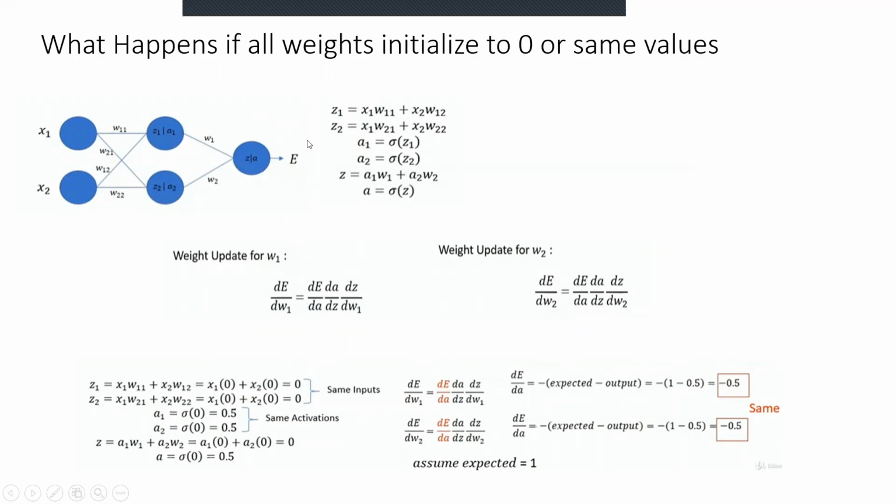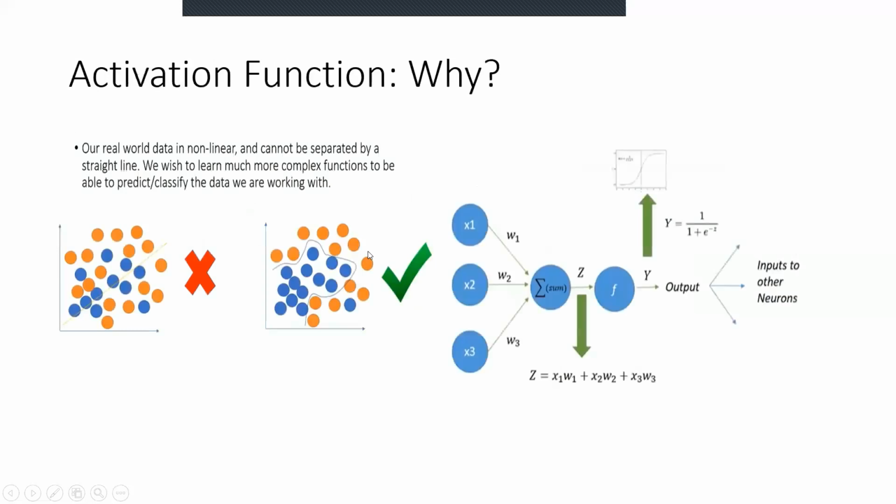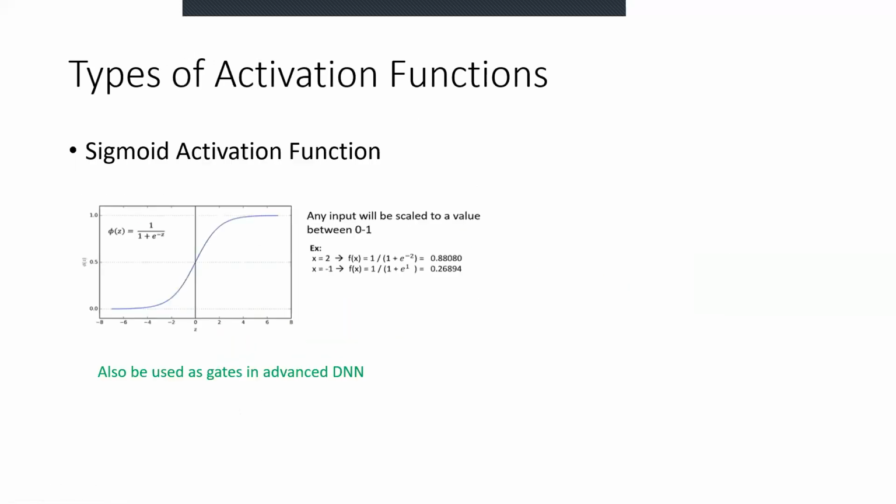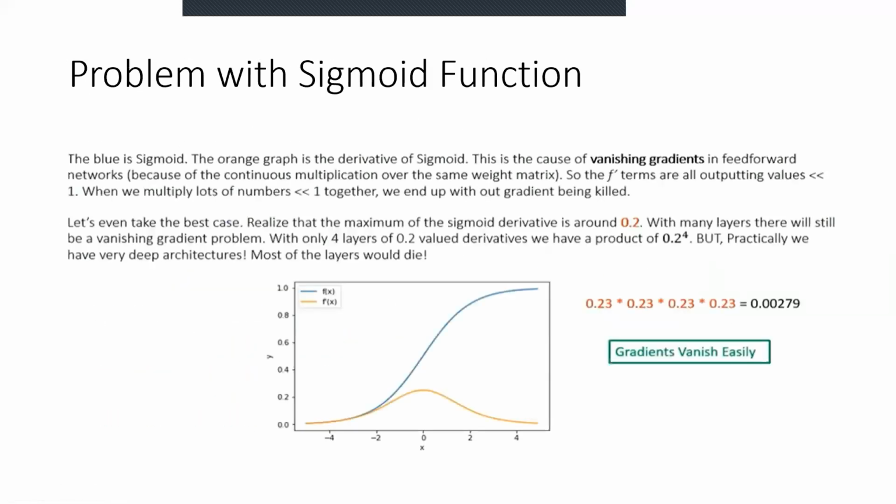So when I calculate this derivative of my activation function, where A is the activation function, if I have passed the activation function as sigmoidal, the derivative of my sigmoidal function would give a small value.